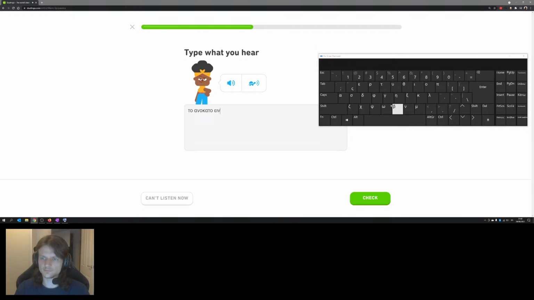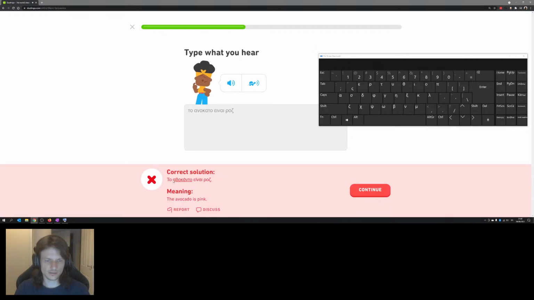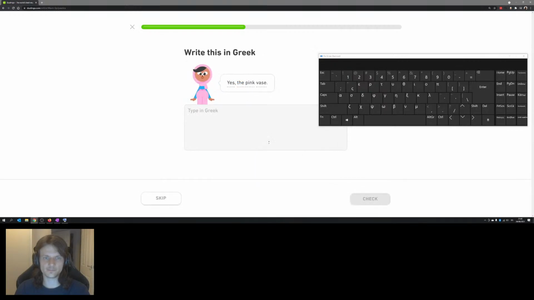Ine rose. The avocado is pink. Ah, av. Yeah, I didn't know that. Silly me. Cado. This is interesting with the N, isn't it? Yes.